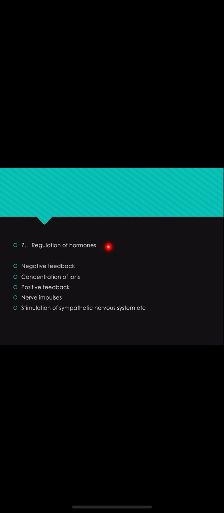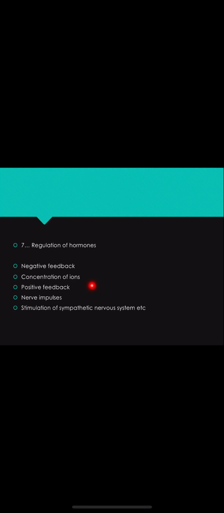Regulation of hormones: they can be regulated by different mechanisms, like negative feedback. That means that when the hormone is released and it is enough for the body, it itself gives a feedback that I'm there and you don't need to give me more in the blood. So that is like self inhibition. Then there is concentration of ions; the regulation also depends on the concentration of ions.